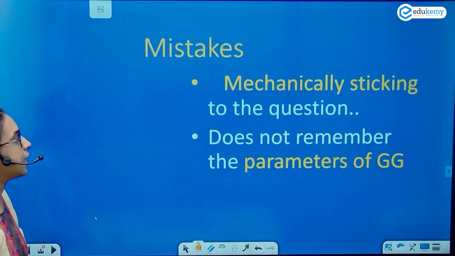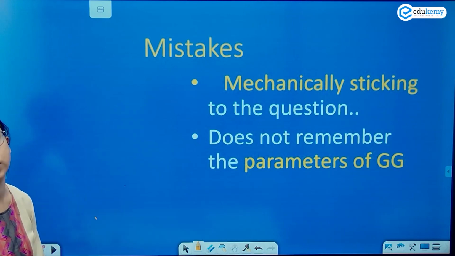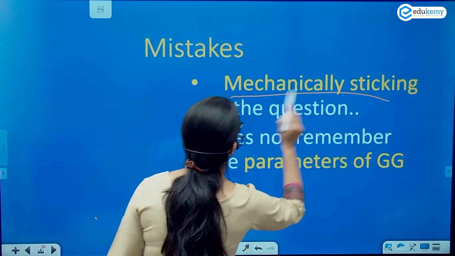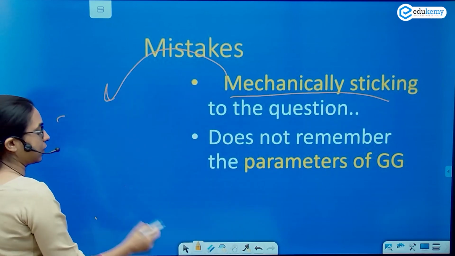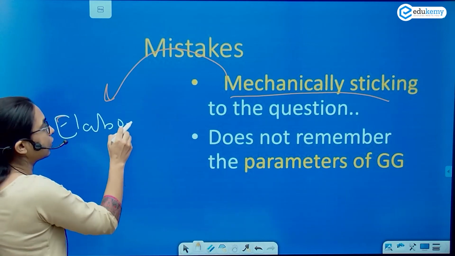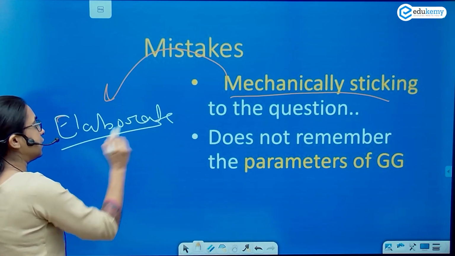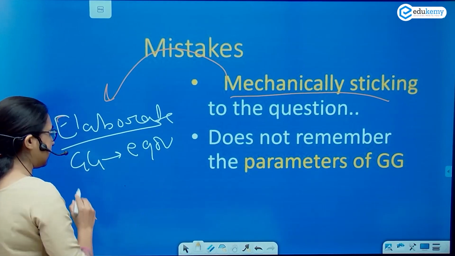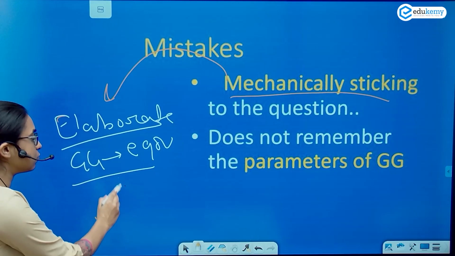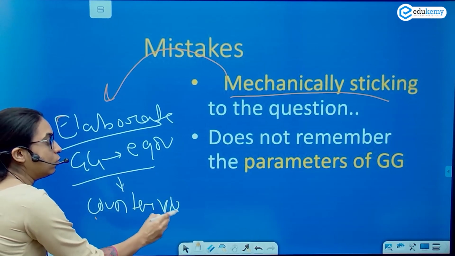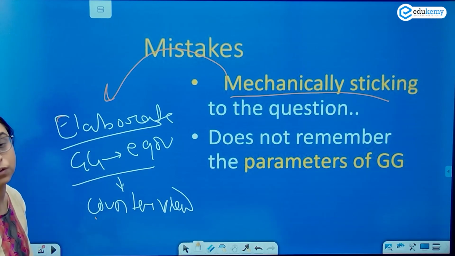One of the mistakes that students make in this question is that they mechanically stick to the question. They will simply elaborate that good governance is incomplete without e-governance. Mechanically sticking, they will just explain this and will not give any counter viewpoint. You'll have to give the counter views also.